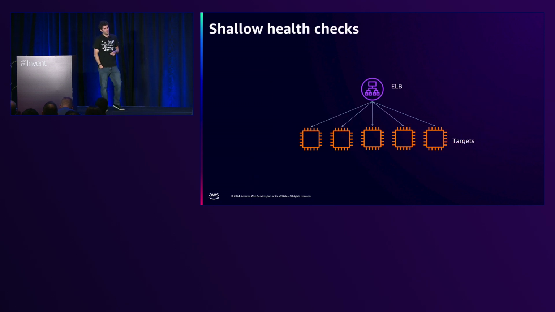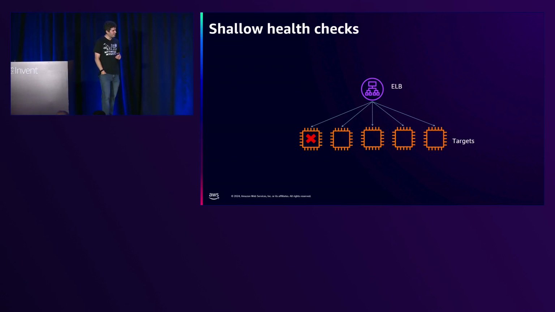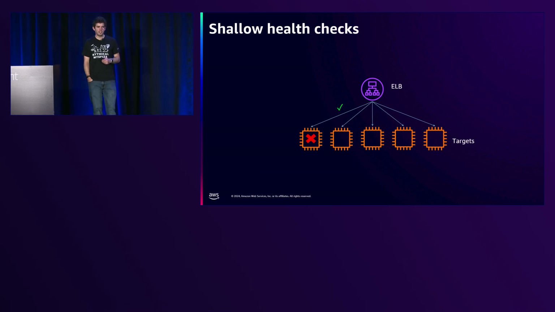And so an example of what behavior might be in each of those two scenarios, if we have ELB and we've got health checks that are happening at the shallow level, and there's a failure inside our application, we're not going to be really aware of that. We're still going to send traffic because the health checks are shallow and whatever failure is happening inside your dependency stack is not visible.